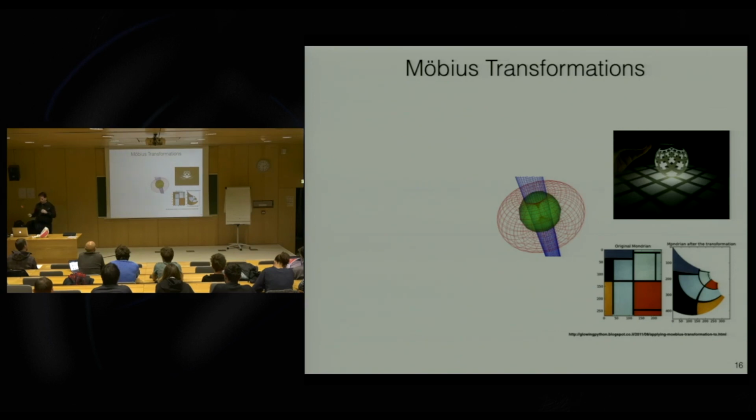So let me give a little crash slide on what Möbius transformations are. Möbius transformations take spheres of any dimension to other spheres. But spheres also means planes here. Planes are like spheres with the center at infinity radius.